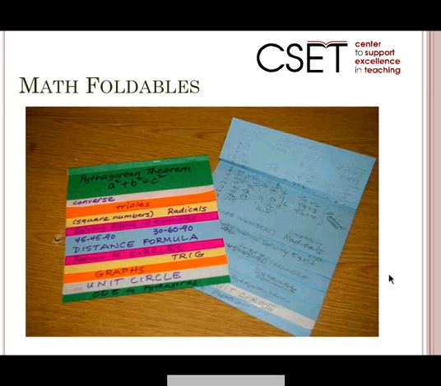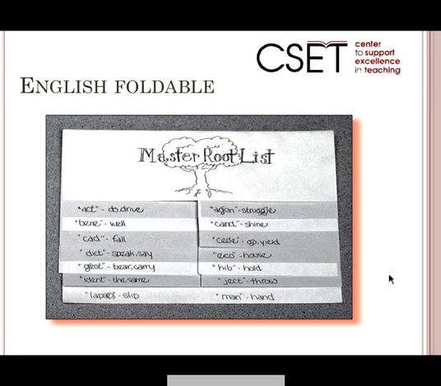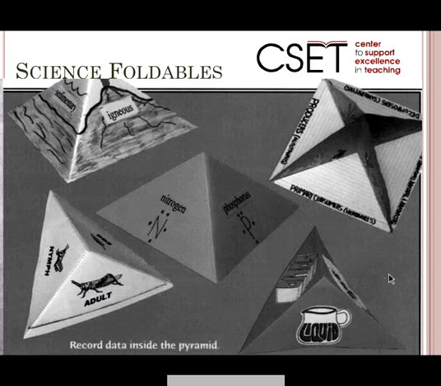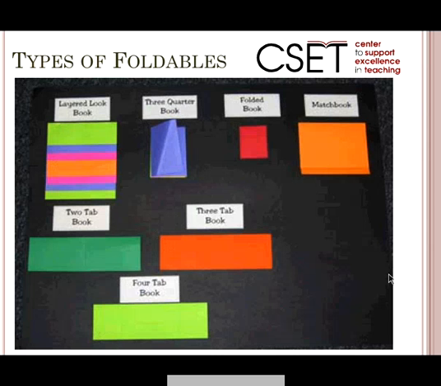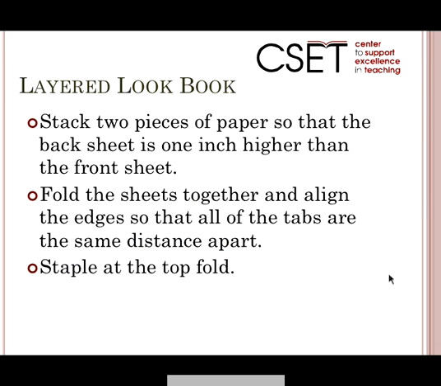Here's a definition of what foldables are. And now what we have in the next couple of slides is examples. And this just gives them some easy ones to do. And so this is the directions on the layered book. They're going to stack 2 pieces of paper together.